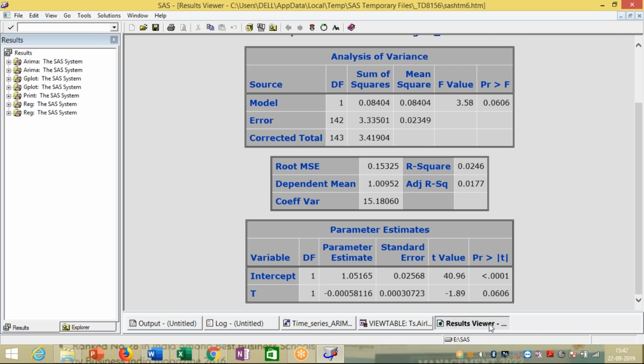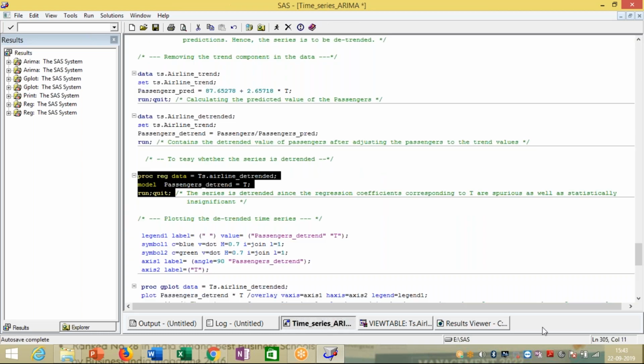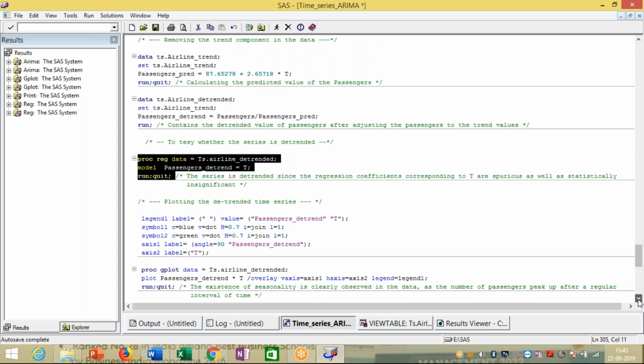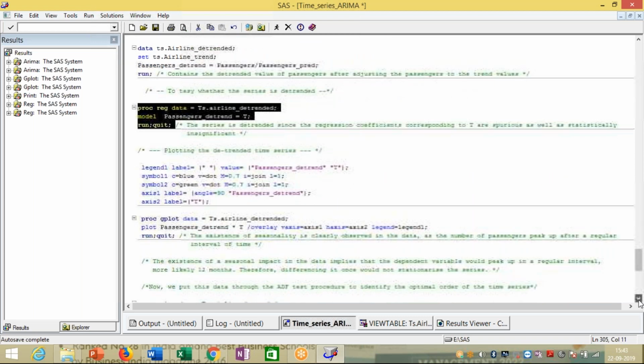We see that time has become statistically insignificant, because the trend component has been removed, and it also now has a spurious sign. So the first problem of detrending the series is sorted. Now one thing that we want to know is how the detrended series would look like.